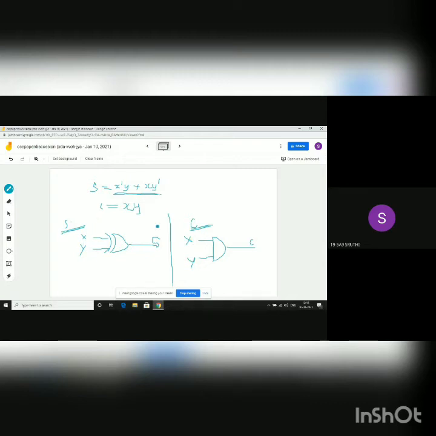We can represent the logic gates separately or into a single format also, that is combining both the expressions together. We have x and y. Now x bar y plus x y bar is nothing but the XOR gate. Those two can be represented here this way.